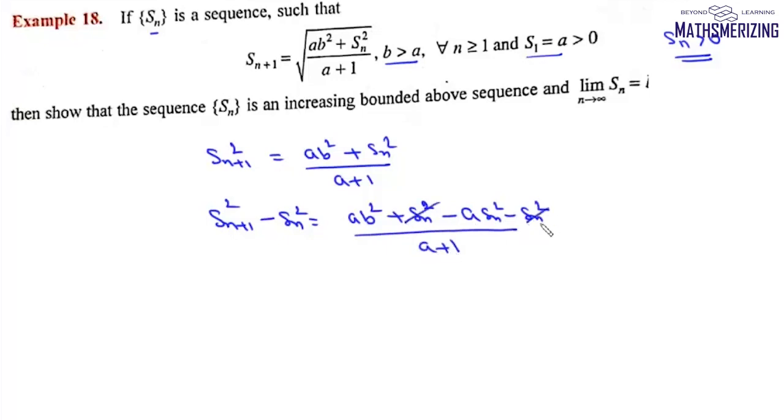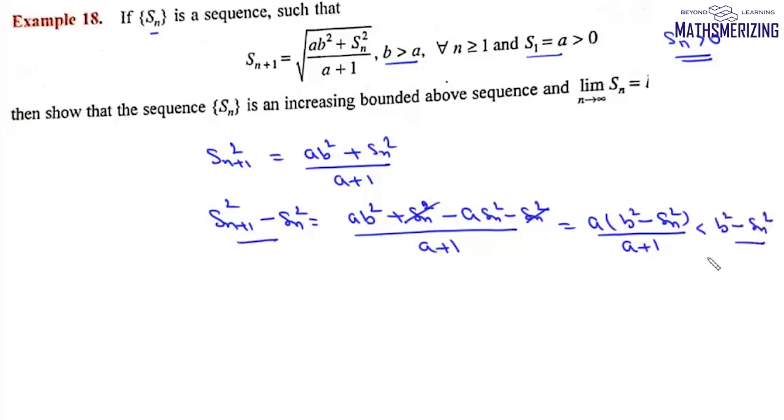Now this Sₙ square will cancel. We can write this as A into (B square minus Sₙ square) upon (A plus 1). Now A is a positive number. So from here we can write this expression will be less than B square minus Sₙ square.